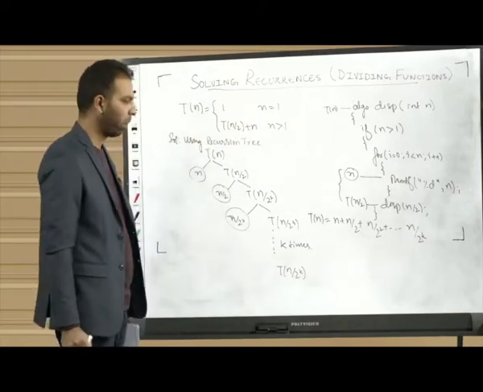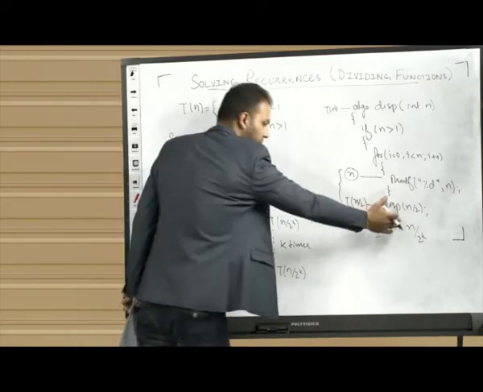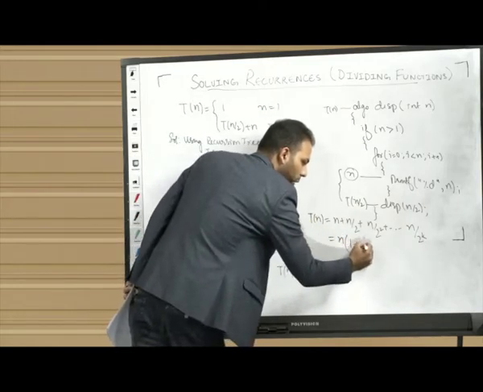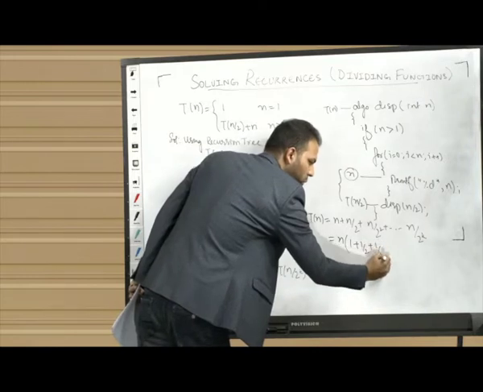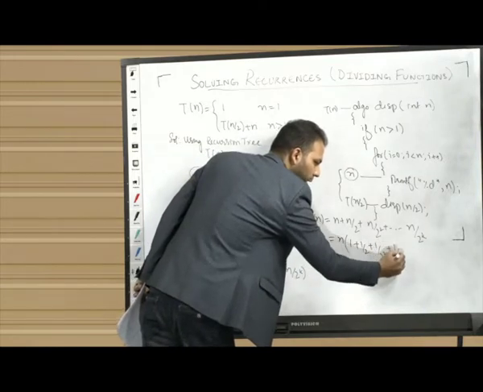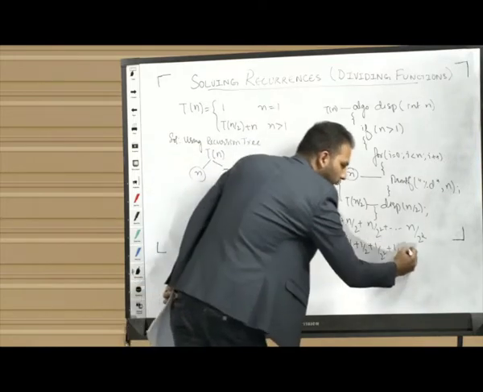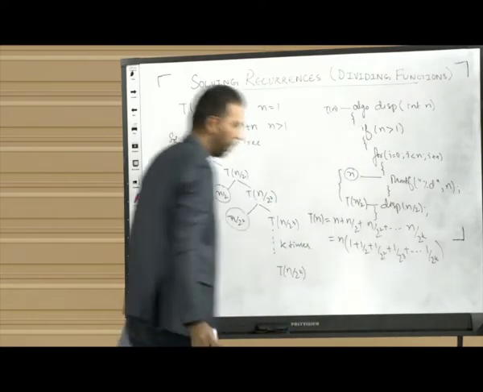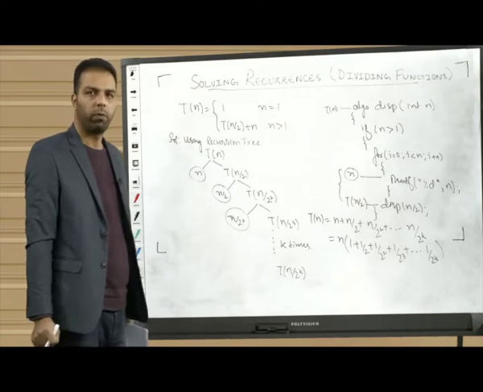What we can do here is take n common. So it will be n times 1 plus 1 by 2 plus 1 by 2 square plus 1 by 2 cube plus so on up to 1 by 2 raised power k.